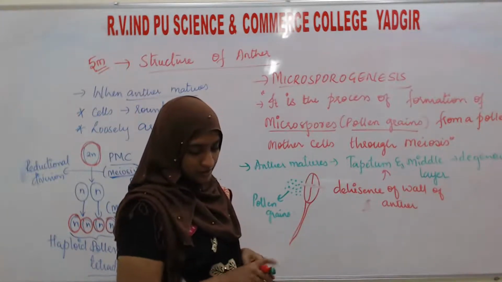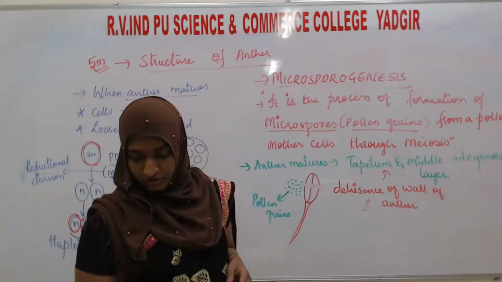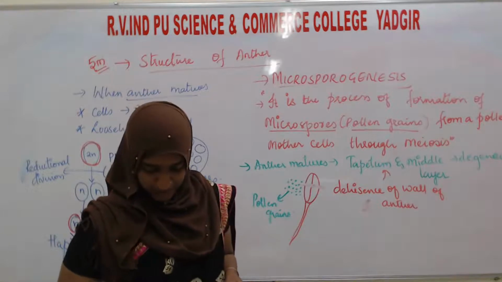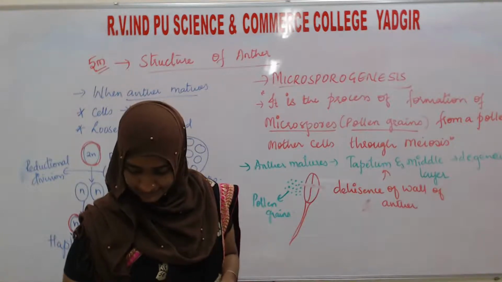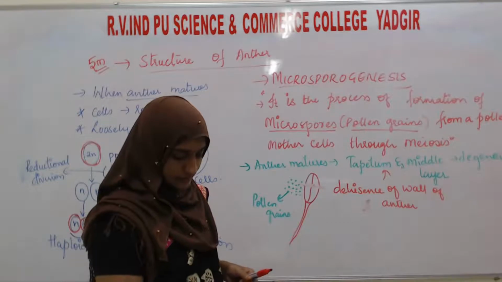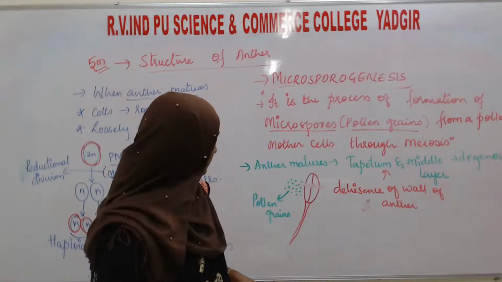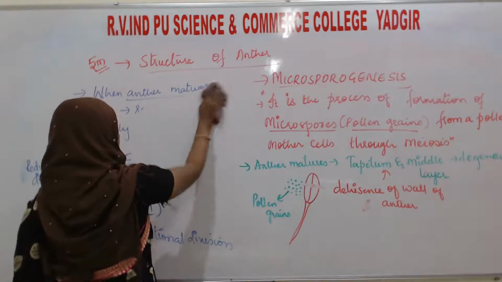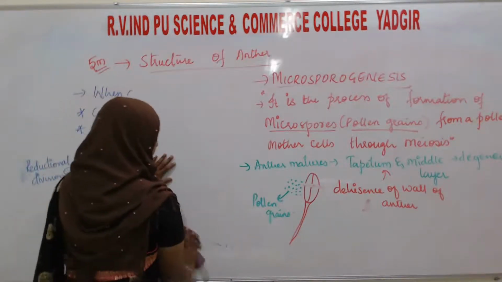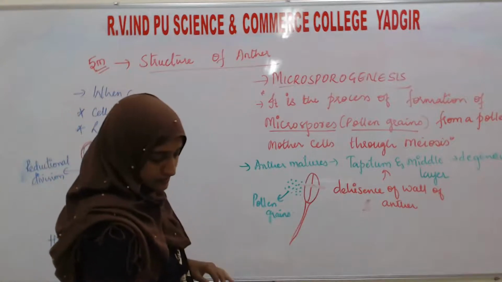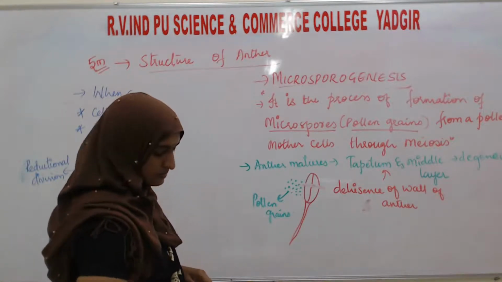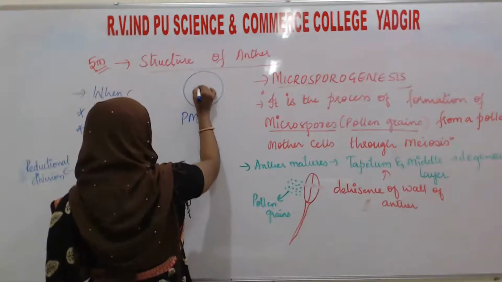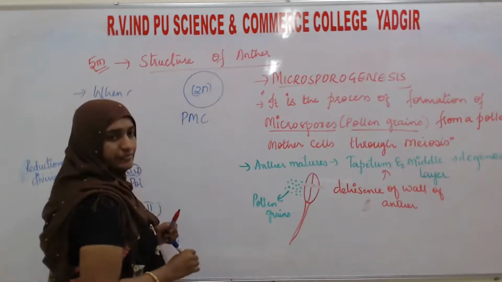So here, as I told you, there will be formation of the pollen tetrad. What exactly does this pollen tetrad mean? Let's see here. First of all, this is the pollen mother cell, which will be diploid.